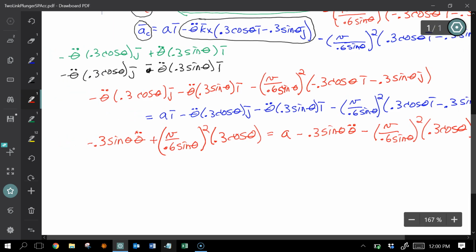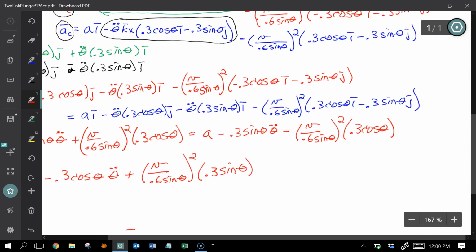Now, the j's equal to the j's, so on the left-hand side, you have a negative 0.3 cosine theta, theta double dot. You also have another positive v over 0.6 sine theta squared times 0.3 sine theta.